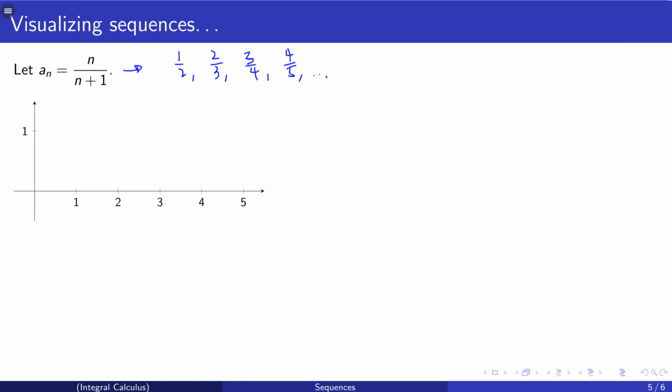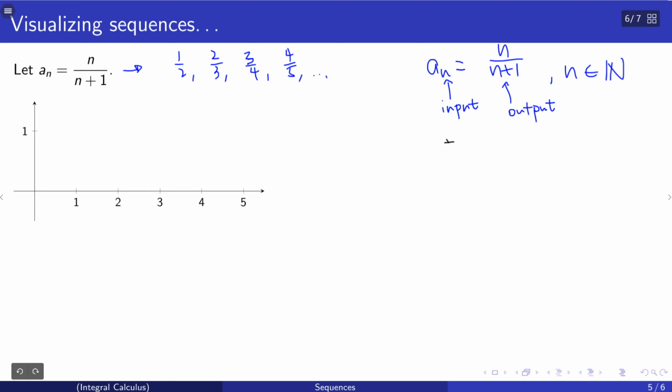And what I just want to do here is give you a way to visualize these sequences. Because another way of thinking about sequences is when we say a sub n equals n over n plus 1, where n is an integer, or let's just say a natural number for now, really you can think of this as a function where you're giving n as an input, and the formula tells you what the output is.